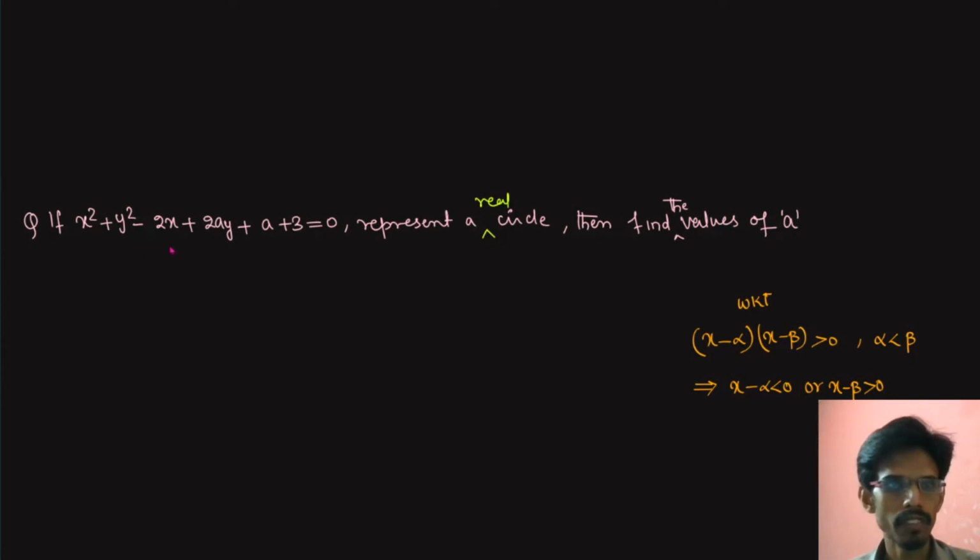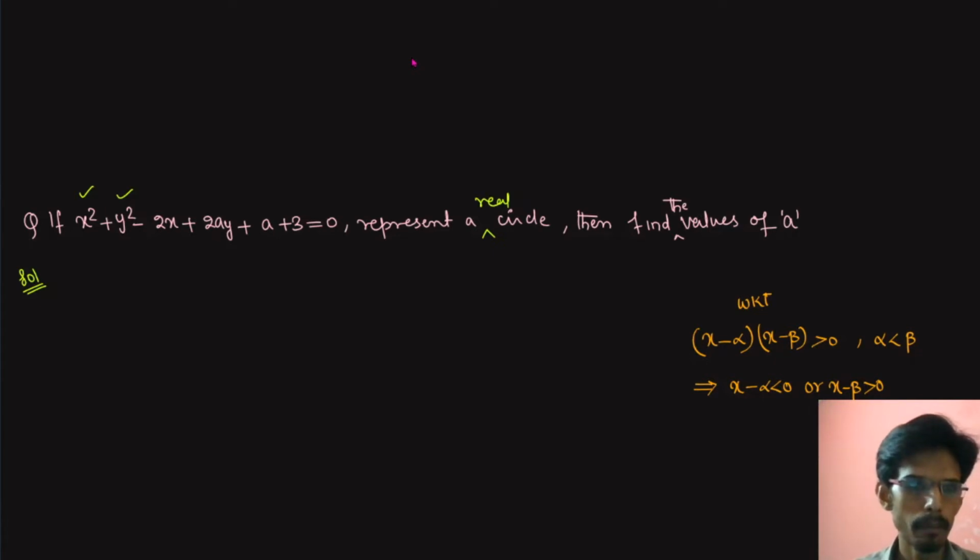Now second question, we have this equation which represents a real circle, then find the values of a. Now here the coefficients of x square and y square are the same and equal to 1, right? Now it is representing a real circle, find the values of a.